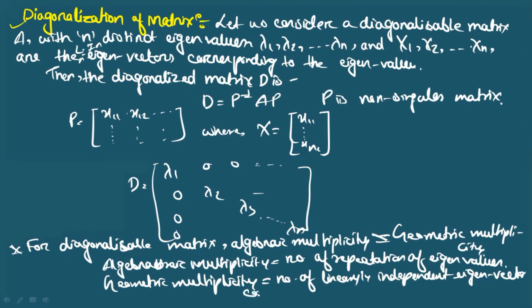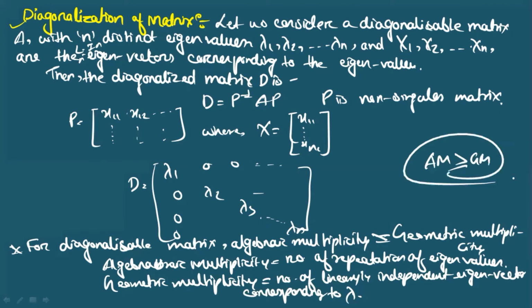And one more thing you have to keep in mind is that algebraic multiplicity is always greater than or equal to geometric multiplicity. All right, so this is about the diagonalization of a matrix. This is how we can write the diagonalized matrix. P will be a non-singular matrix, and X is obviously the eigenvector.